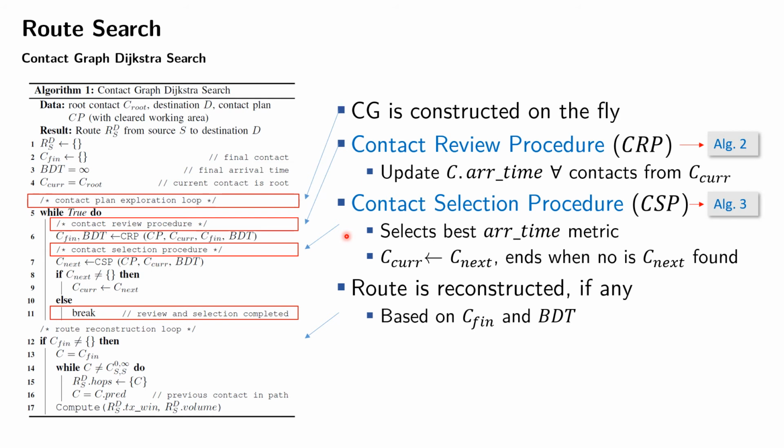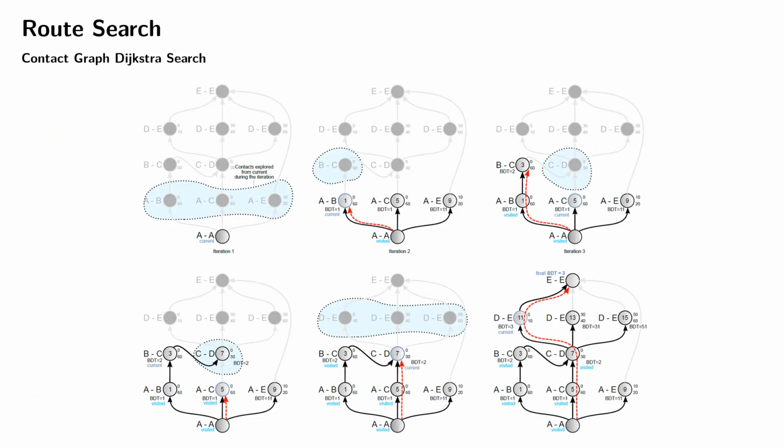By the end, through this exploration, you will eventually explore a contact that leads to the final destination. And once you arrive at this final destination, you are able to back propagate and construct a resulting route based on this Dijkstra computation. This is an example image of how this runs. So you have here the source contact, and this is the exploration area of the contact review procedure. You update the metrics for those contacts, and you proceed that way.